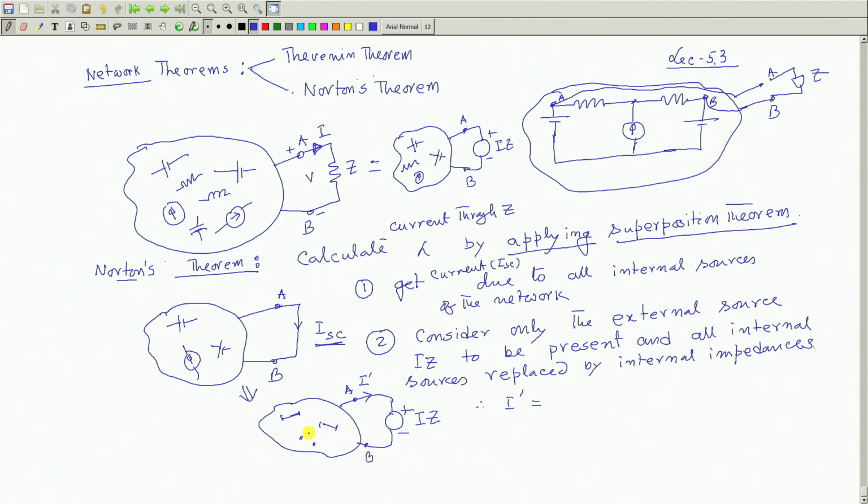Let that impedance looking into the network, that impedance I am calling Z Thevenin's.